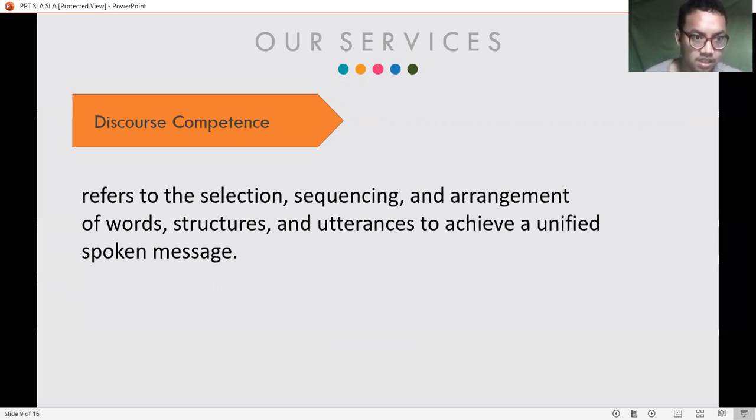I think this is about our ability in arranging words and sentences to make clear what we want to deliver to others. If we have communication, then we have a message there. We have to arrange the sentences well to make sure the message is delivered well.